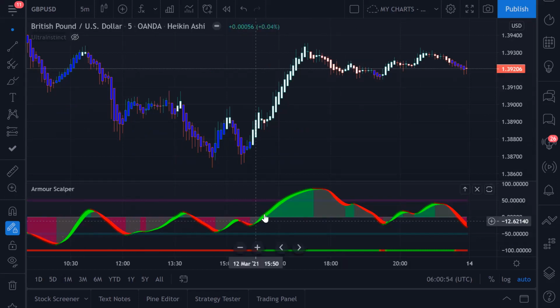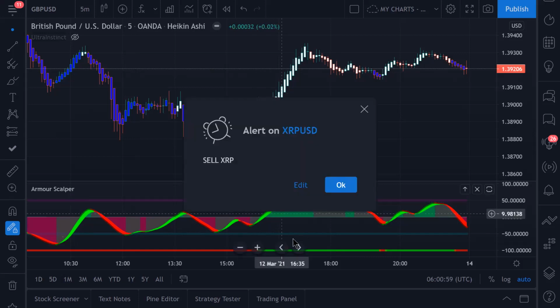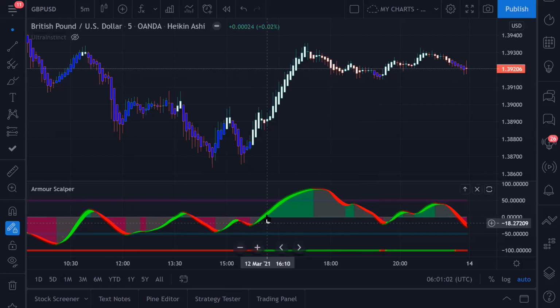So this wave indicates the positive money inflow. Positive money inflow means that price will go upwards. Why? Because people are buying. The more buyers you have, the more positive money inflow.